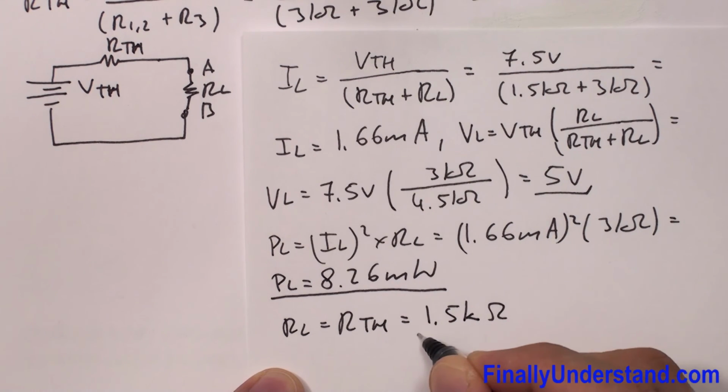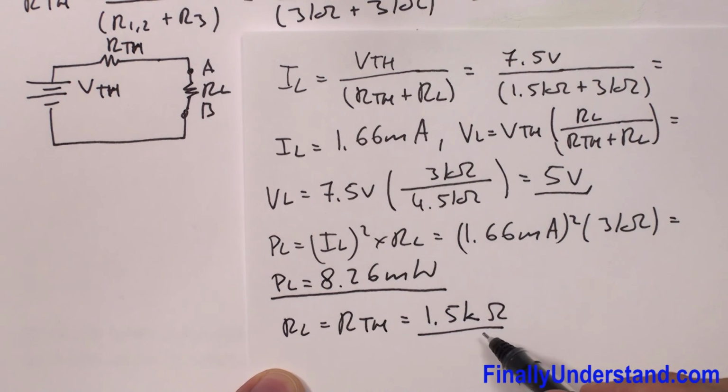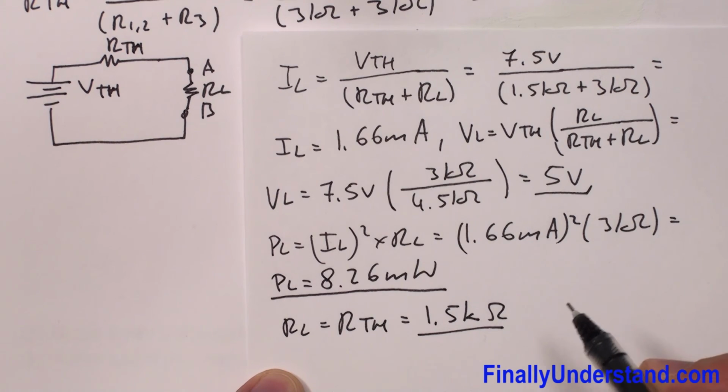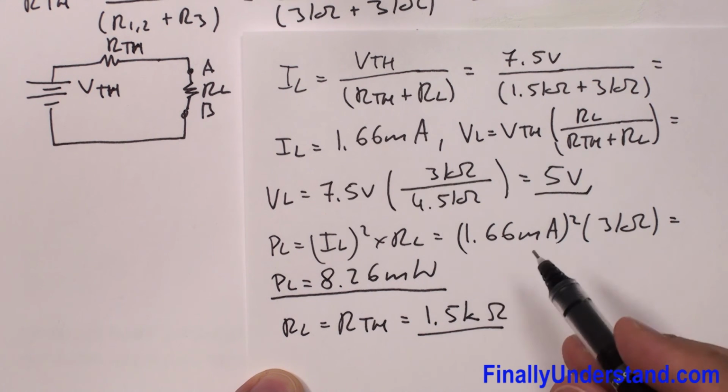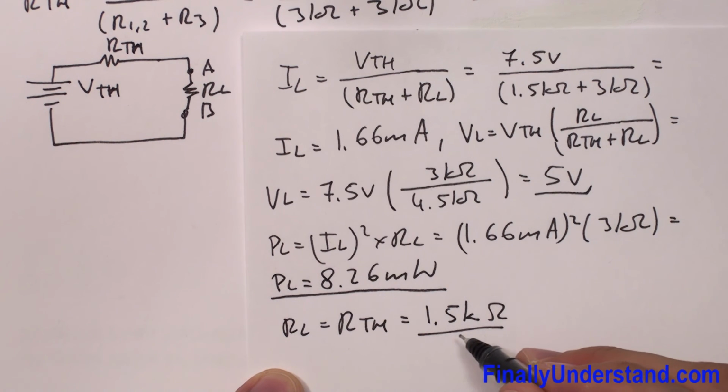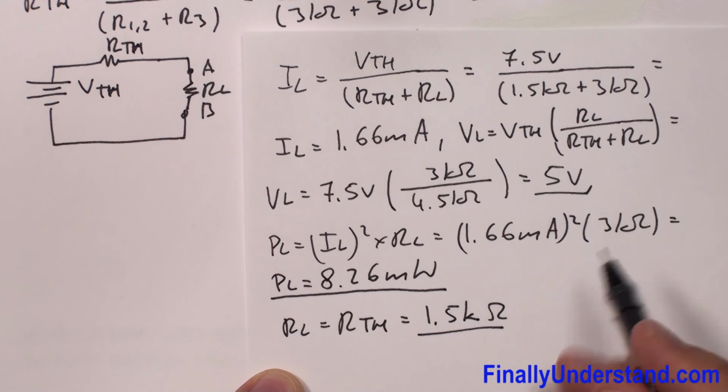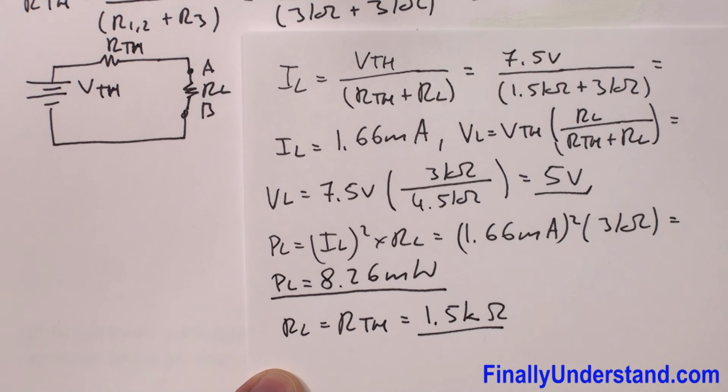So in order to get the maximum power, you're supposed to replace RL by 1.5 kilo ohms. So we found everything the problem was asking us. So we can say that the problem is solved.